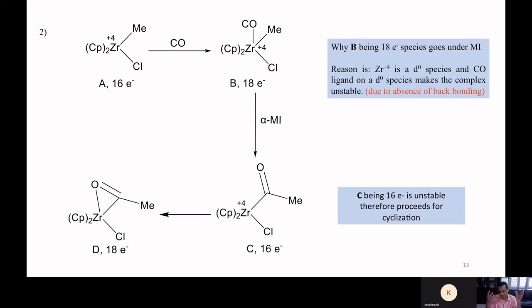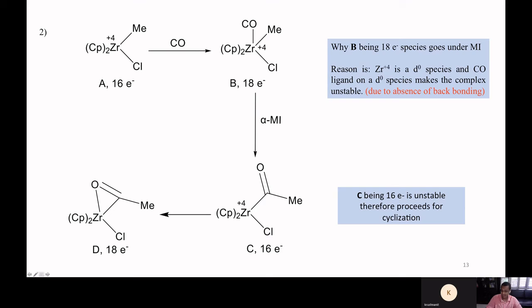But for the carbon monoxide to be stable, the metal has to give back to the ligand. So since the metal doesn't have any electron, this complex is not stable. Then what happens? Alpha migratory insertion happens. So this methyl will immediately transfer onto CO. Okay, this methyl immediately transfers back to CO.